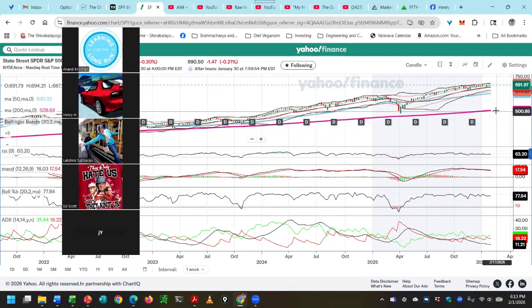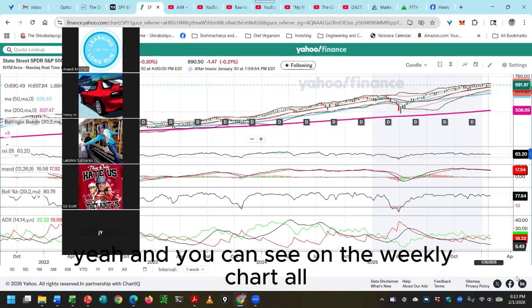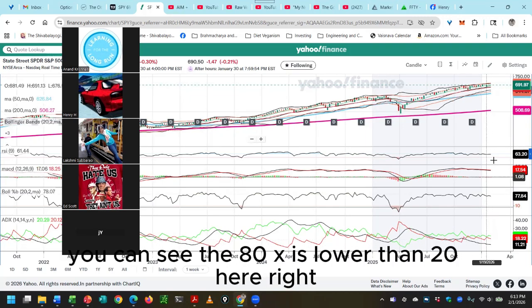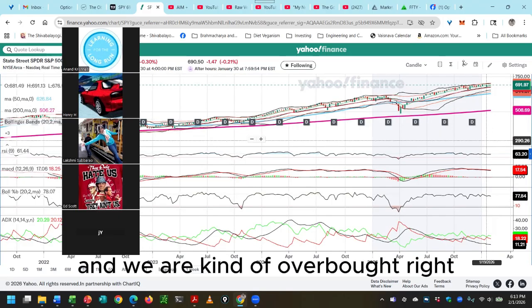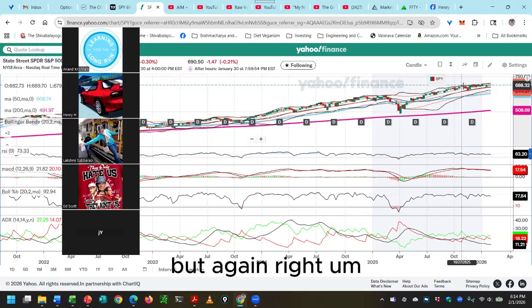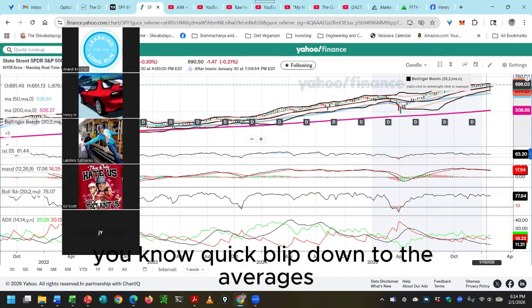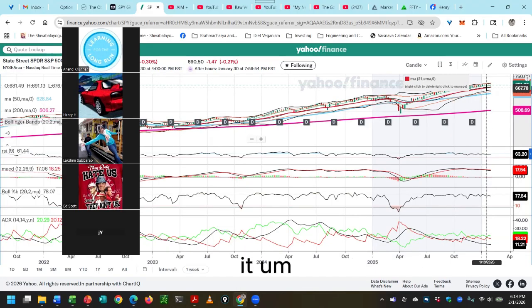You can see on the weekly chart we are actually kind of going sideways. You can see the ADX is lower than 20 here, and we are kind of overbought. But again, much of what happens is just a quick blip down to the averages before it heads back up.